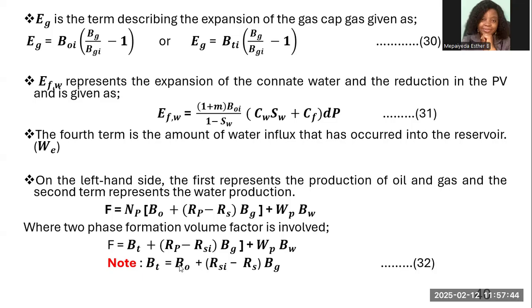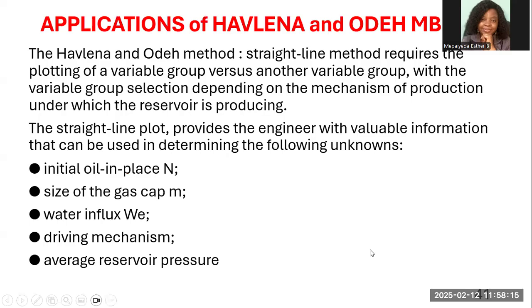So if you make Bo your subject, you will have Bt minus Rsi minus Rs Bg. So your HEF will be Bt plus Rp minus Rsi Bg plus Wp Bw. Please don't forget your N somewhere around there.